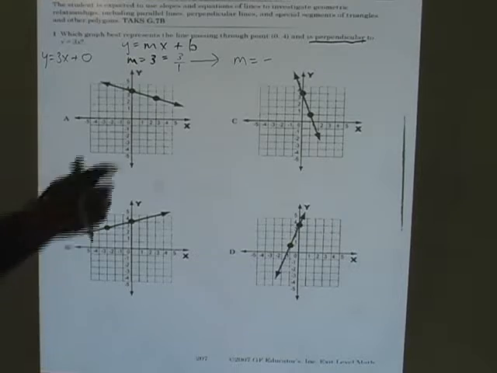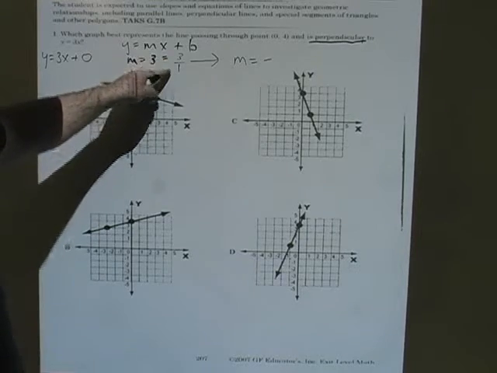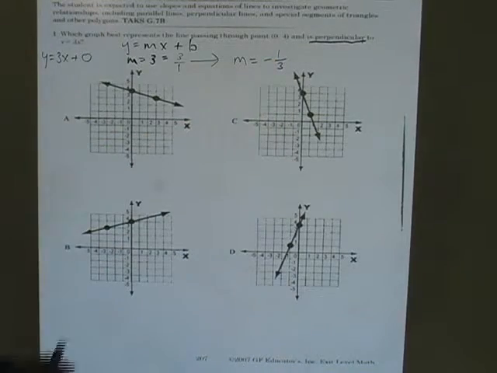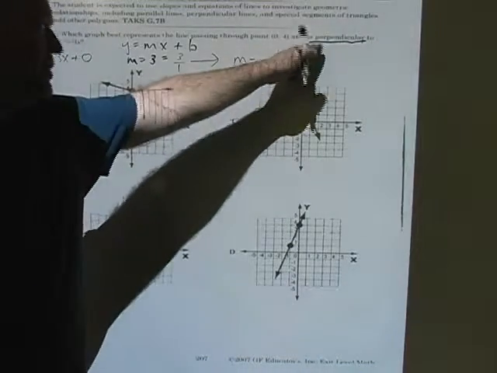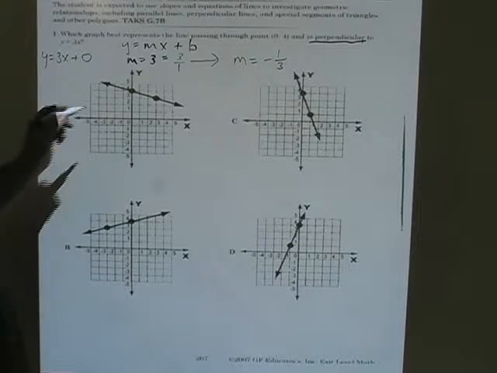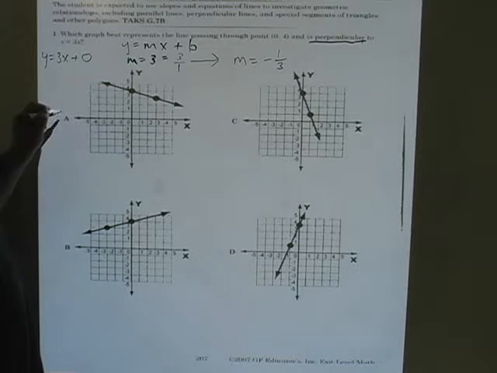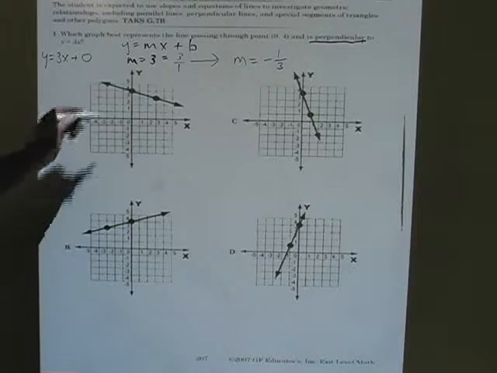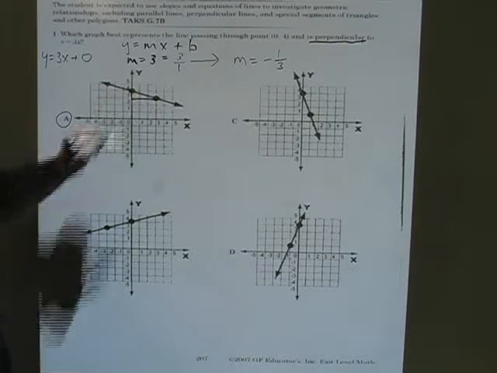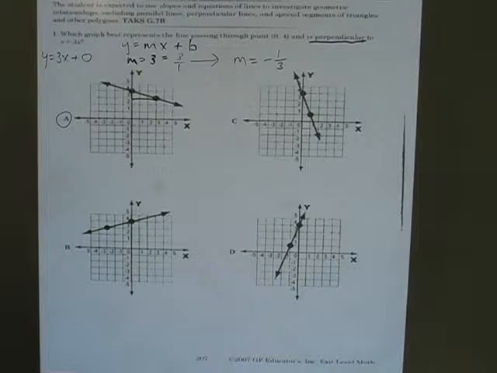The reciprocal of 3 over 1, just flip the 3 and the 1 and make it 1/3. So our slope that's perpendicular to this line is going to have a slope of negative 1/3. And I believe this is the one. This one goes down 1 over 3. So that's a slope of negative 1/3.